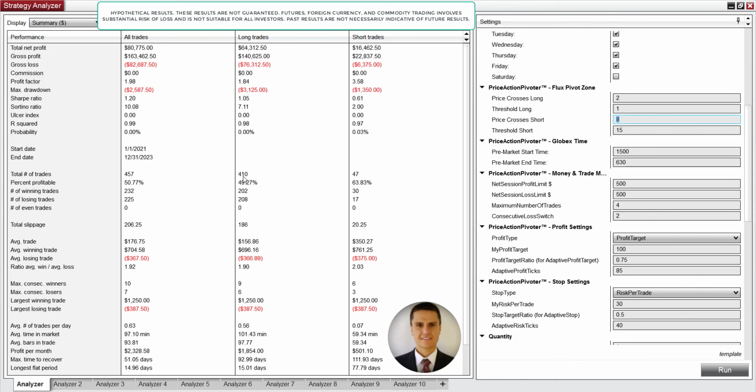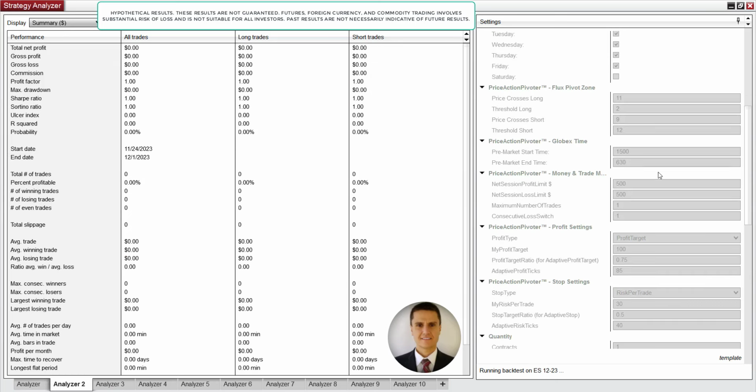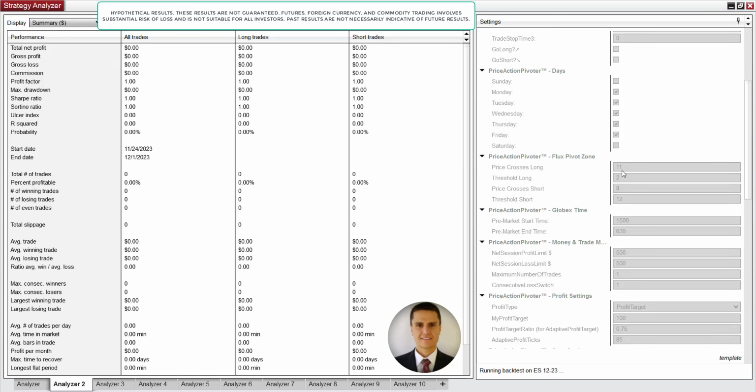Because you have many more long trades than short trades, this being really conservative, it only has 47 short trades, but it has 410 long trades, so it's obviously leaning heavily on the long side between the years of 21 and 23. This is subjective, but as I mentioned, I do have the setup here where it's very conservative also.